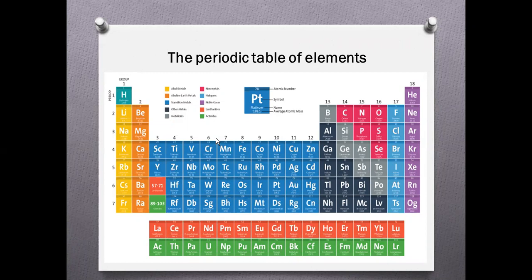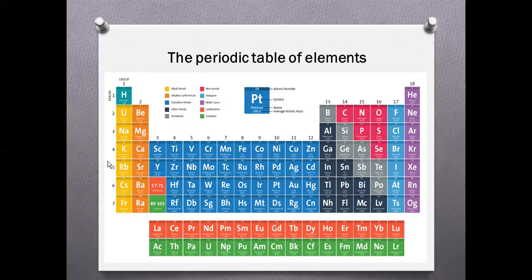So according to that, this is what they said. The basic concept is that the physical and chemical properties are repeating periodically. When your atomic mass increases, they revealed the term called atomic number.